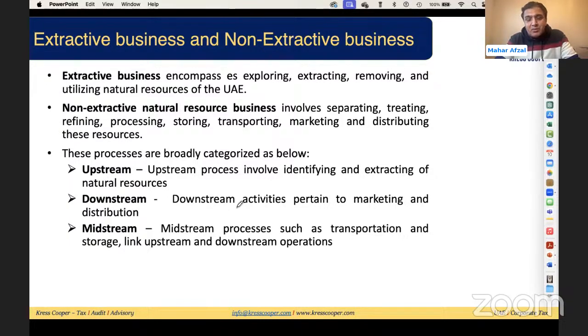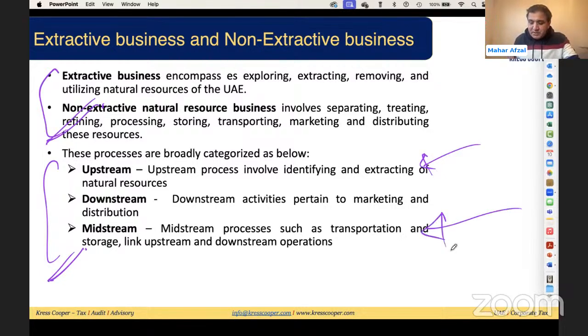So these two businesses, extractive and non-extractive natural resource businesses, process-wise can be classified into three processes. One is the upstream, one is the midstream, one is the downstream. Upstream companies are extracting natural resources from the UAE's territory. They are basically exploring and extracting the natural resources.